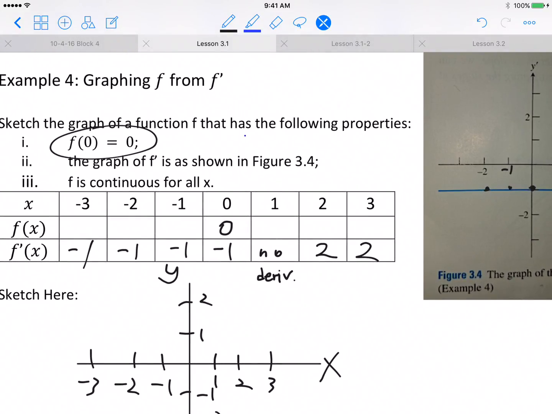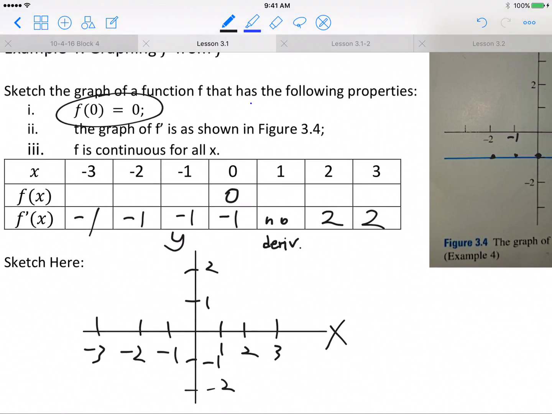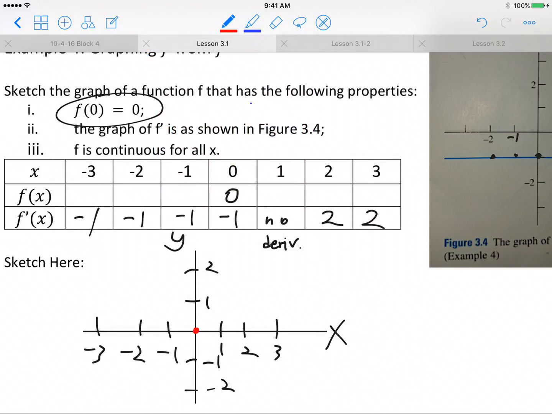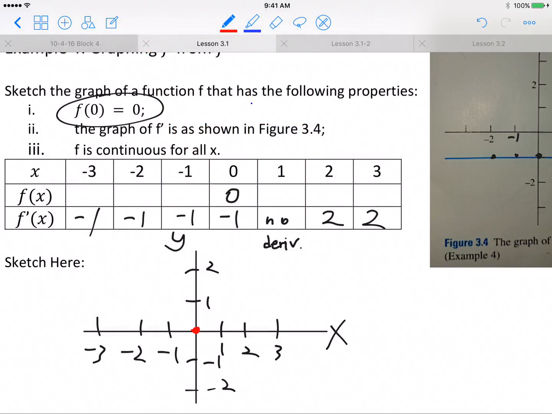So using this information, let's see what happens. When x equals 0, your y is 0. That's your starting point for the original function. At 0, you have a slope of negative 1. That means you go down 1 and over 1, or you could go up 1 and left 1.